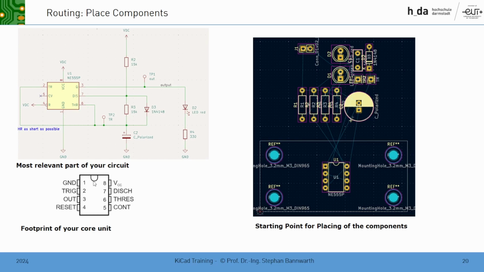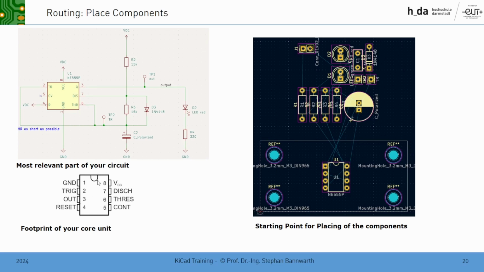And if you do the same in our package or our footprint, we see that we have 1, 2, 3, 4, 5, 6, 7, 8. So this means the footprint we have here doesn't follow the order in our schematic. That's clear, because the schematic is only a logical representation of our circuit, and now we go to realize a physical representation, so we have to take care about the footprint and the pins here.